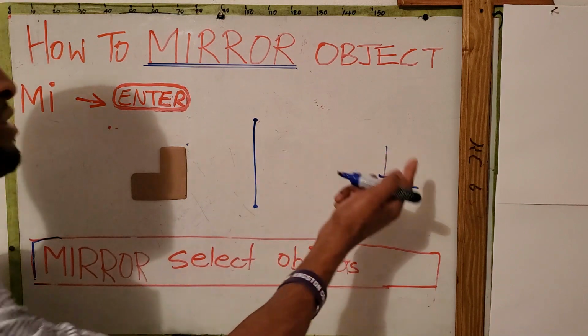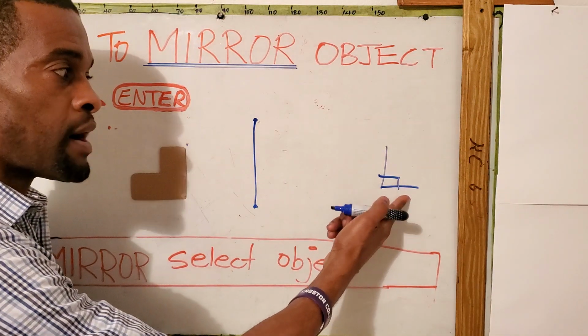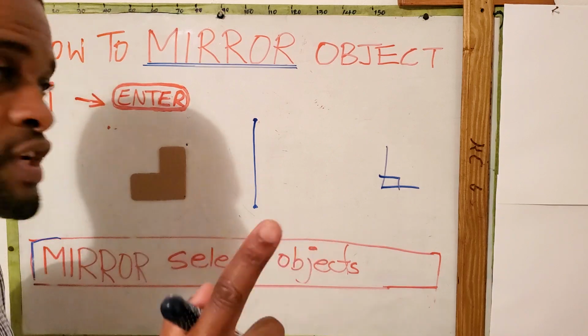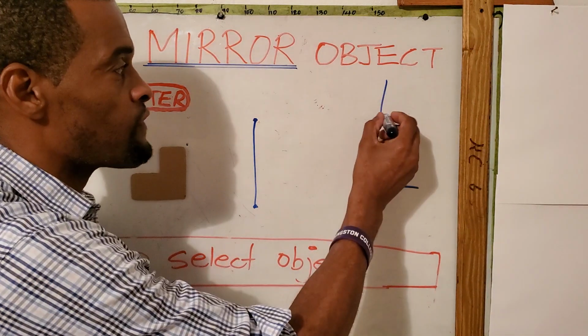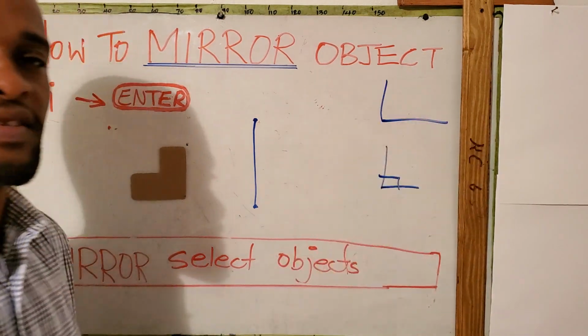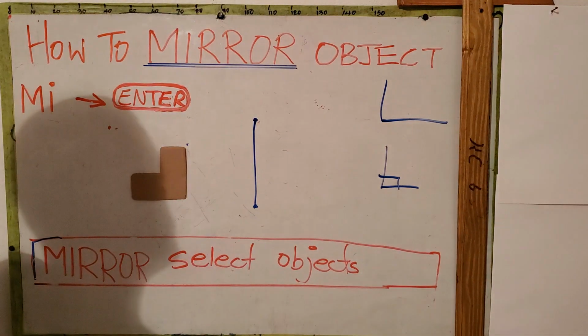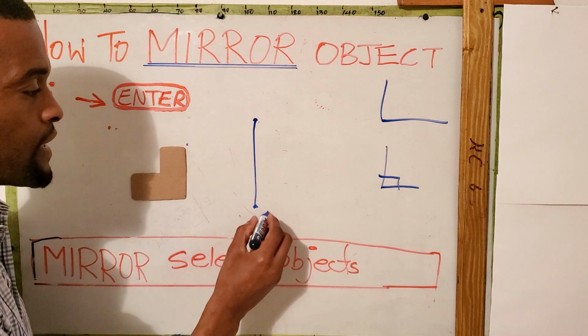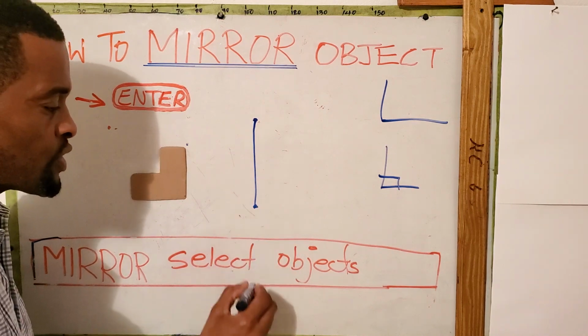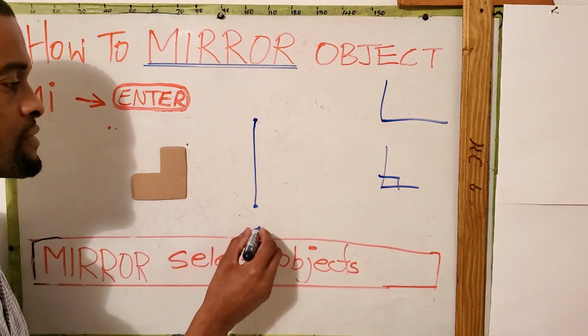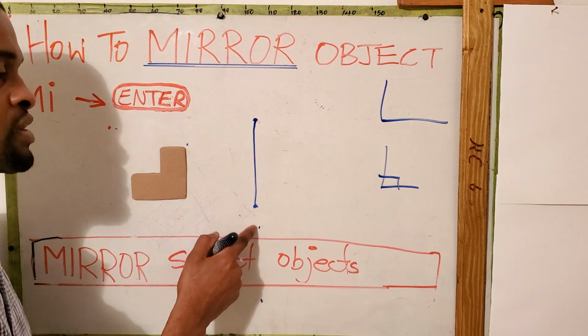Remember now that this icon restricts the crosshair only to the vertical and horizontal axis. With that being said, our next step is to click anywhere down here within this vertical line to get our second mirror point.